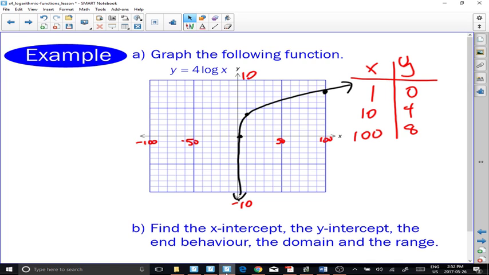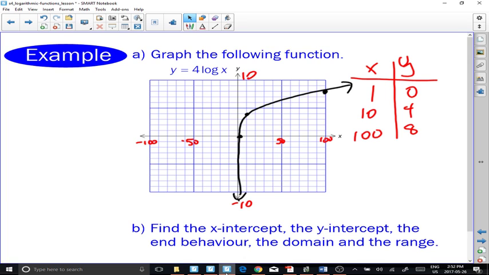And you know what? If you actually look at that graph, that graph actually looks a lot like how we drew the graph of an exponential function. It does. We would have to rotate it a bit, but if you rotated it a bit and maybe did a reflection, that graph would be just like an exponential function graph.